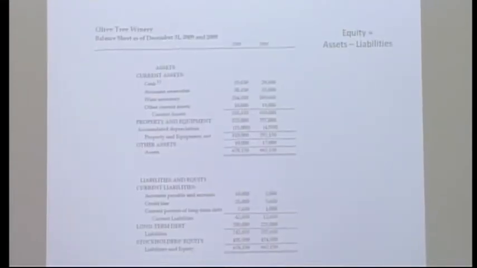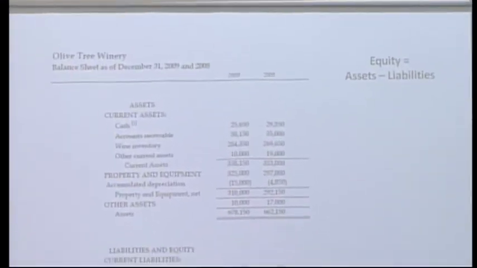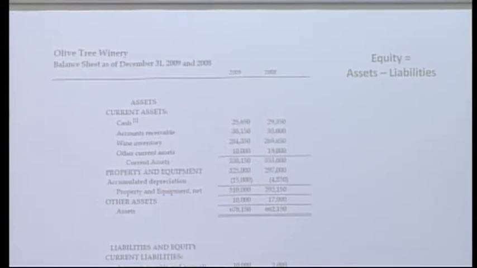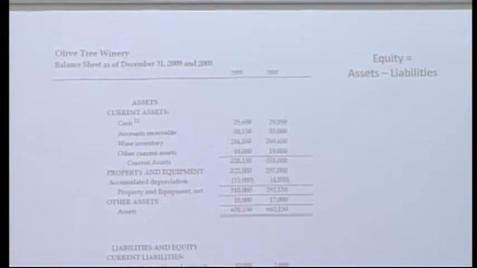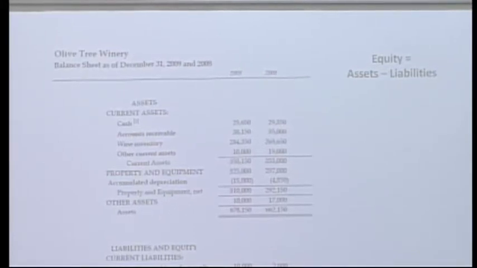Okay, here we have an example of one balance sheet. On the one side, the asset side, we have what we own, in the short and the long term. For example, cash is in the short term. Property and equipment are in the long term.